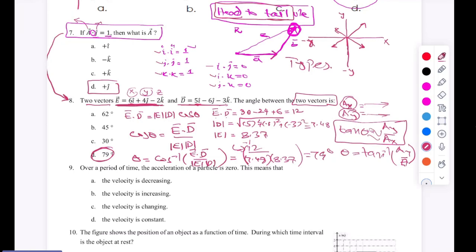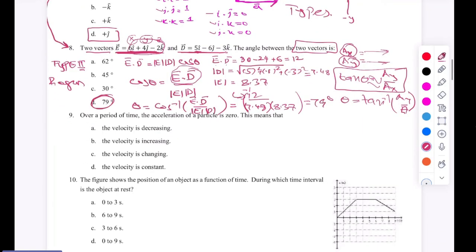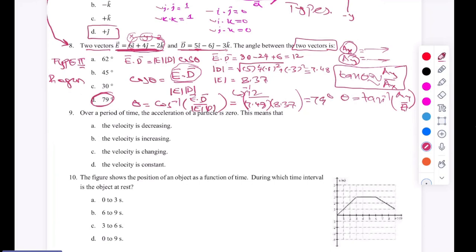If you have component form of vectors like X, Y, Z, use this always: inverse cosine, and find this value, E dot D. And this is your type 3 question, which requires a bit more calculations.